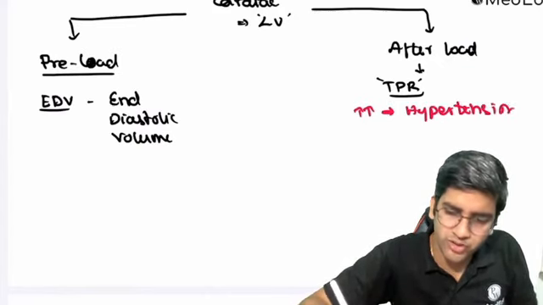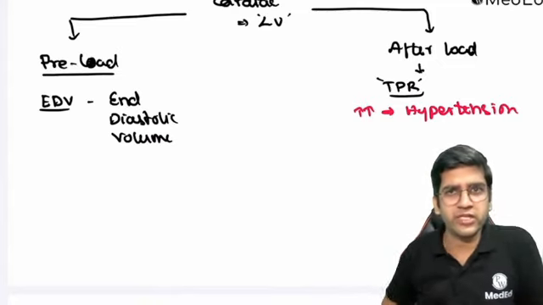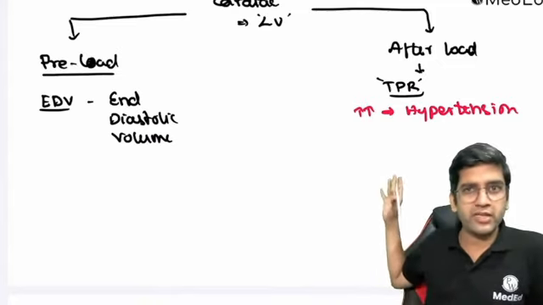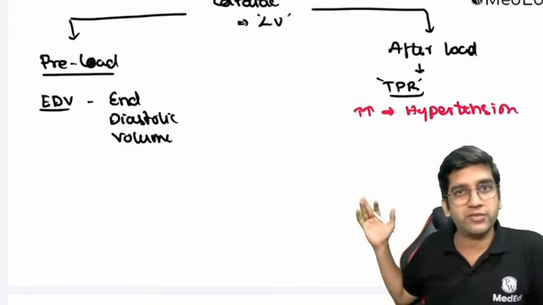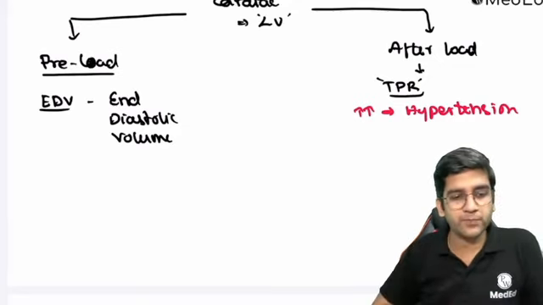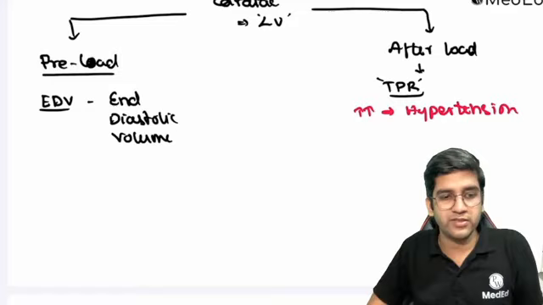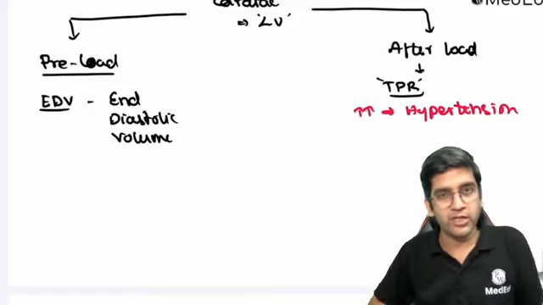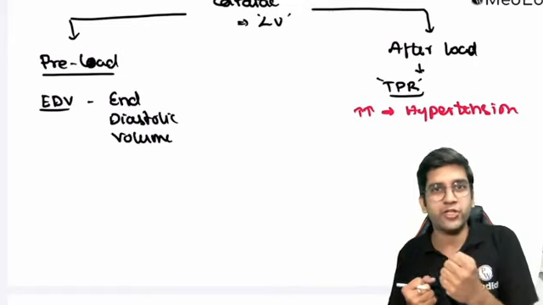Because I'm sure you know the formula of BP: cardiac output into total peripheral resistance. So more total peripheral resistance in hypertension. So in other words, can I say a person who is hypertensive, that person's heart should work more than all of our hearts? Yes, Sahil, you're right. For the right ventricle, it's different. Fine. So when hypertension is there, my heart should definitely function more.